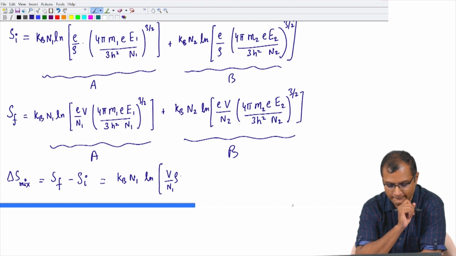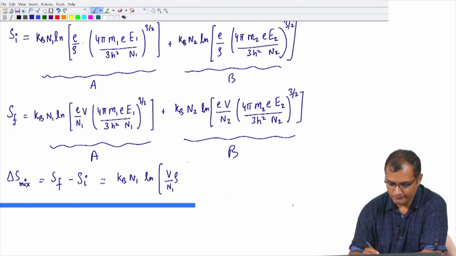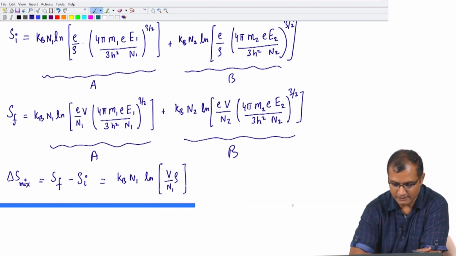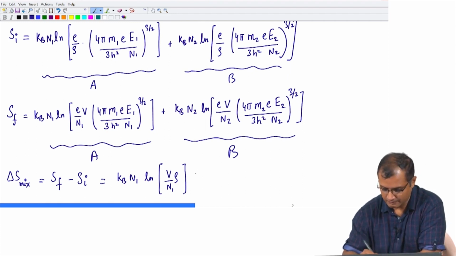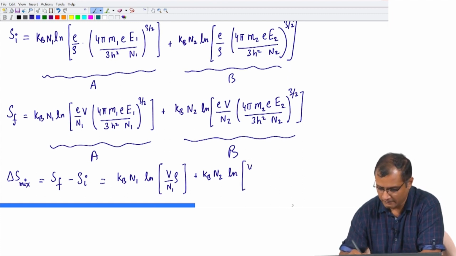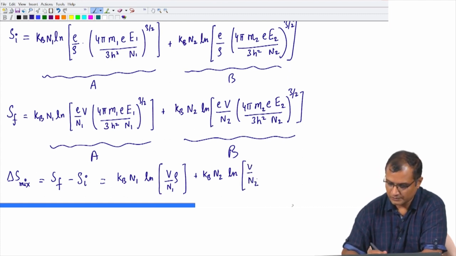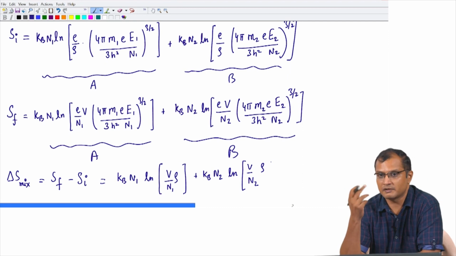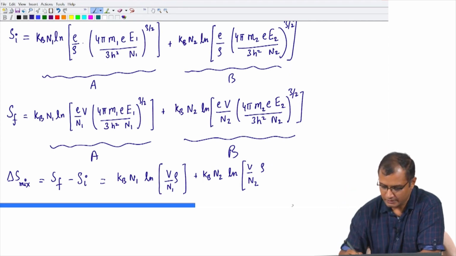And from the second term everything else cancels. From the second term I can write down KB into ln V by N2 into rho, because the SI component is minus of ln 1 by rho, which is already ln rho, and that is it.